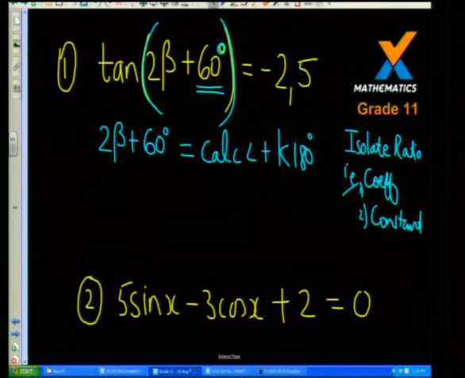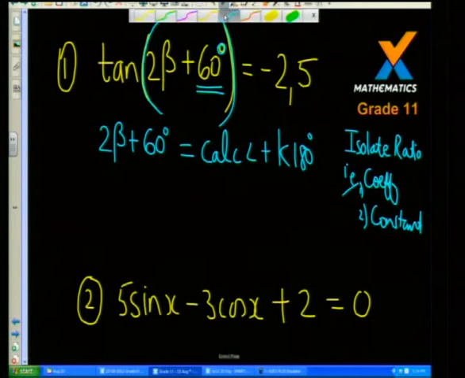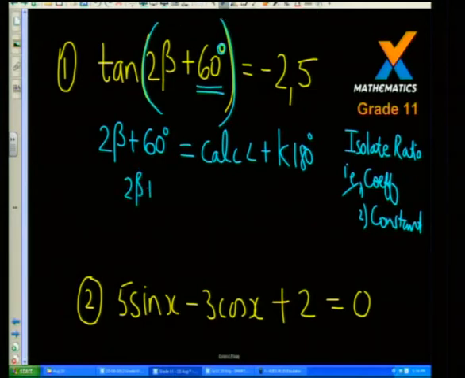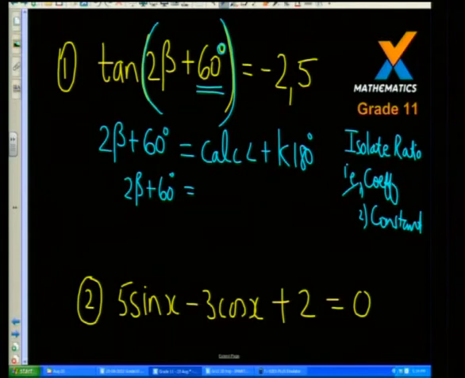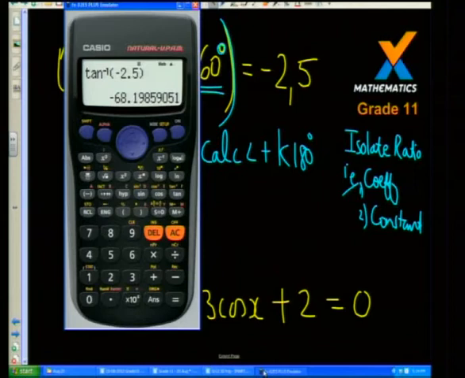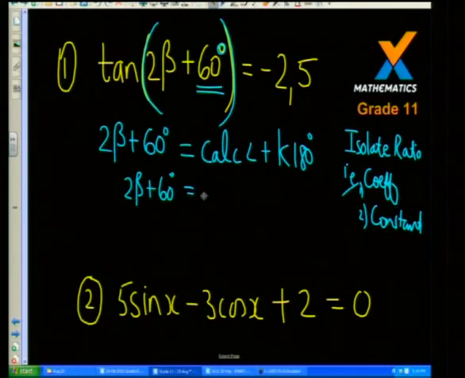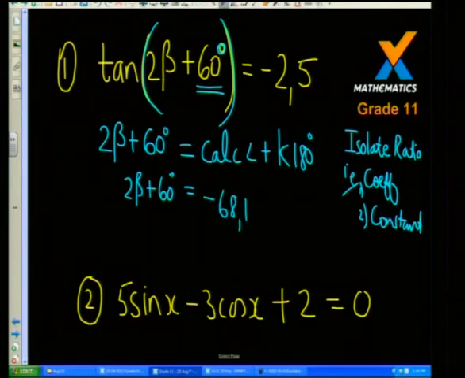Right, so 2 beta plus 60 would then be equal to what our calculator gave us, negative 68,19, etc., plus K180.